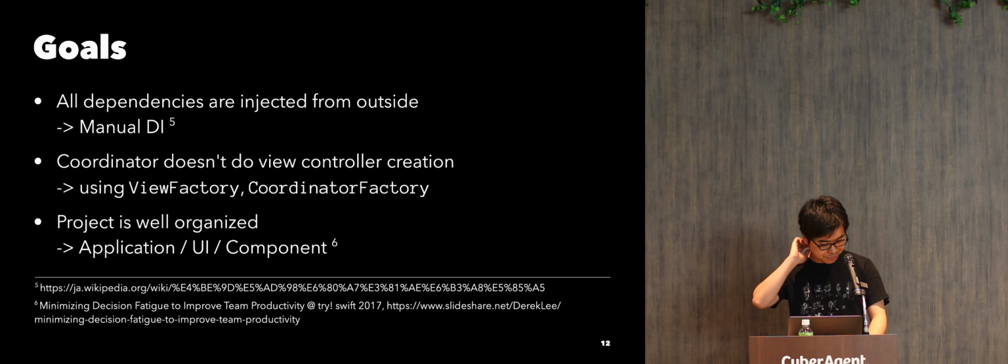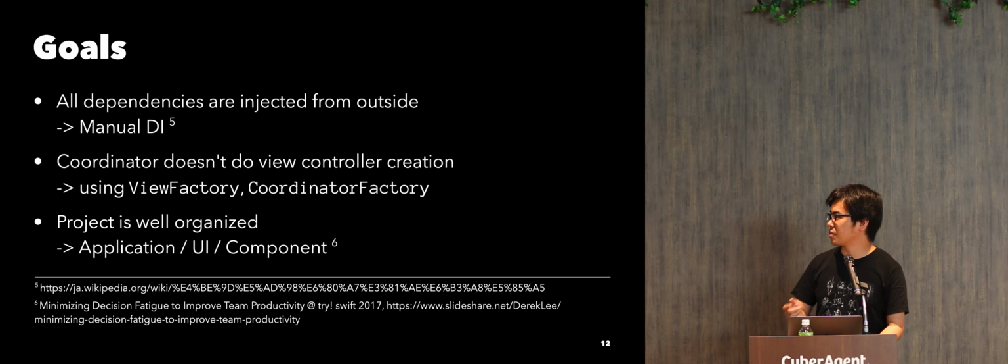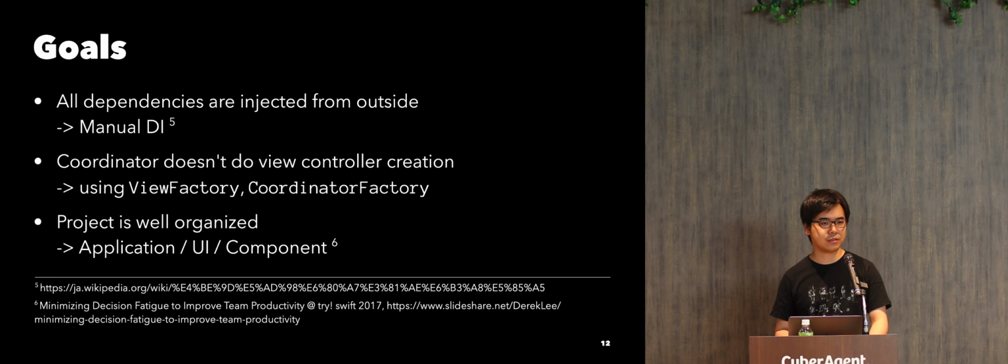And the second one: the coordinator wants to just do transition. So I made a view factory and also a coordinator factory to do the dependency injection here and separate the tasks in the coordinator. And the third one is inspired by the talk at Trace Week 2017, presented by Derek, who was the organizer of this meetup too.